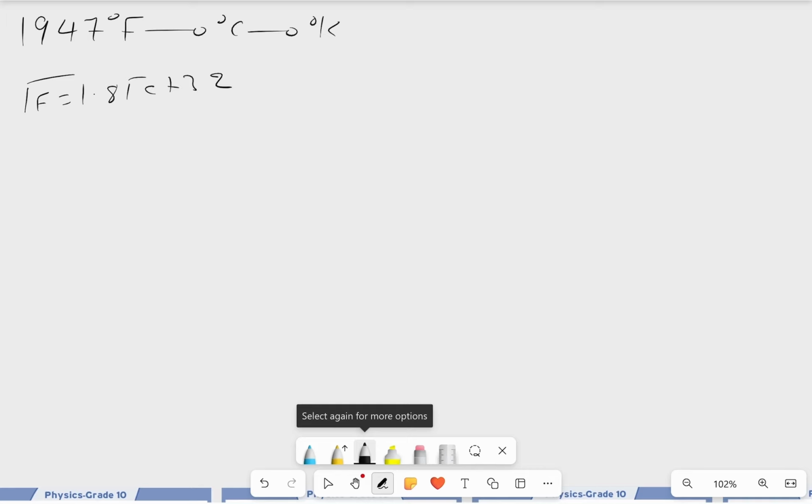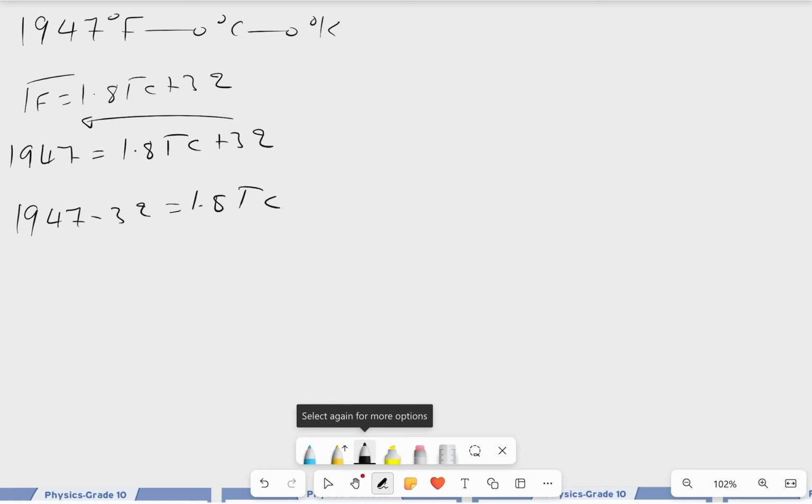Then 1947 is equal to 1.8 TC plus 32. Move this to the other side, then this becomes 1947 minus 32 is equal to 1.8 TC.